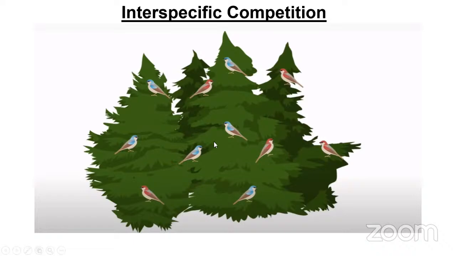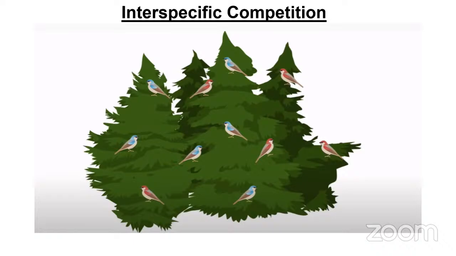Take the example shown here. The example consists of two different species of bird. One bird you can see in blue, and the other bird in red. Both these types of birds are occupying the same tree for their survival.